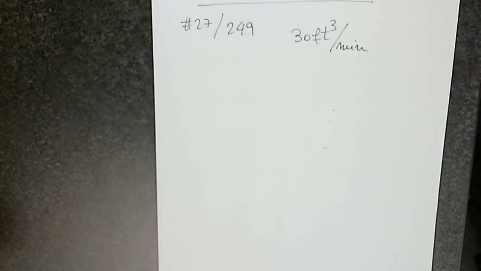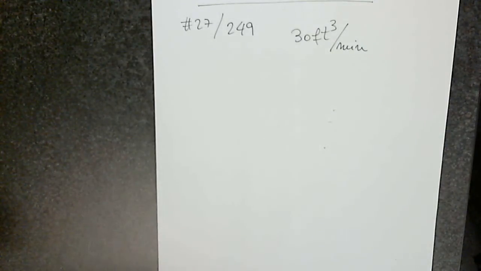I'll stop reading the problem, and I will ask you, what does this mean? So if I say that gravel is being dumped onto a spot at the rate of 30 cubic feet per minute. Isn't it like 30 feet cubed?